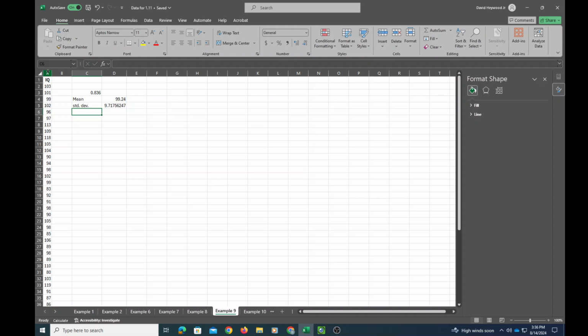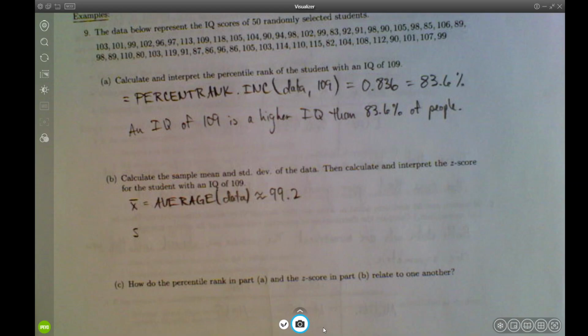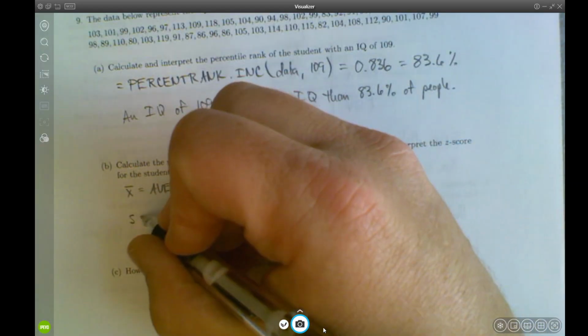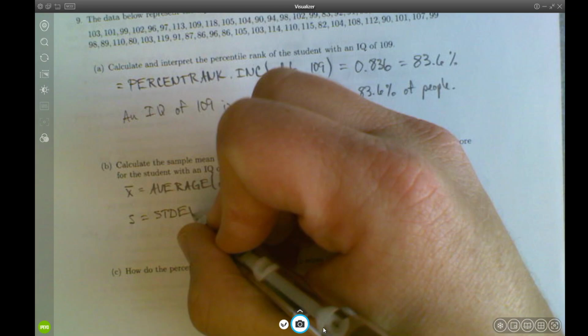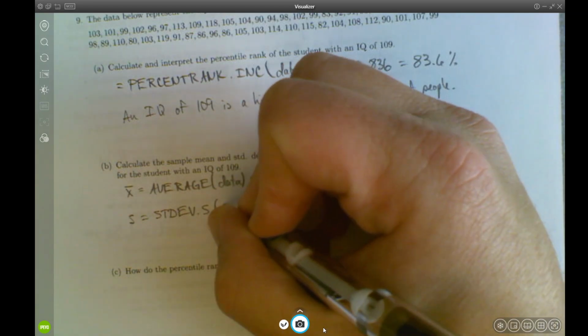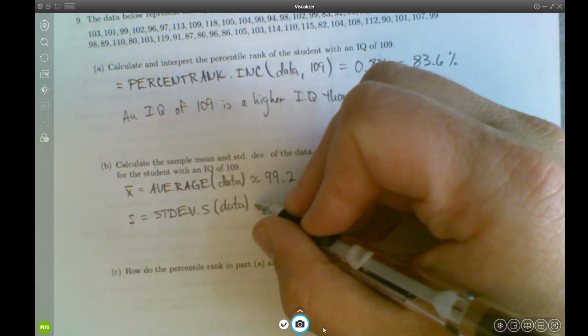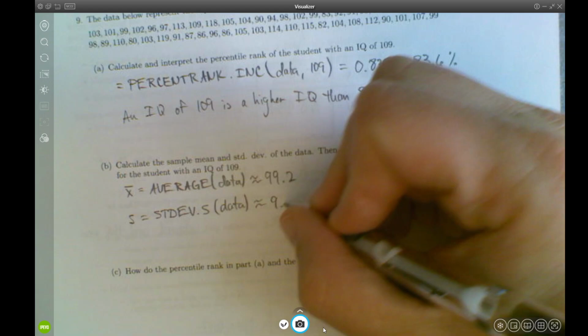So for the mean, it's about 99.2, and for the standard deviation, it's about 9.7.